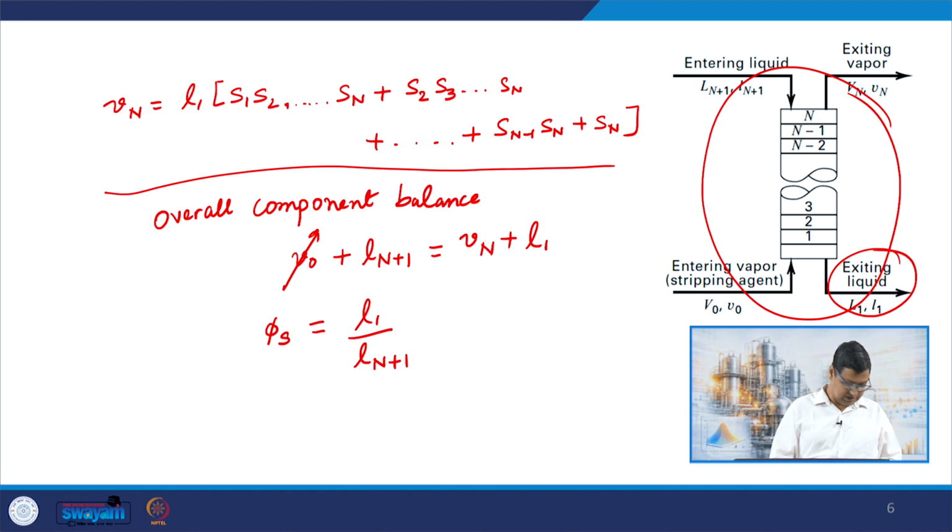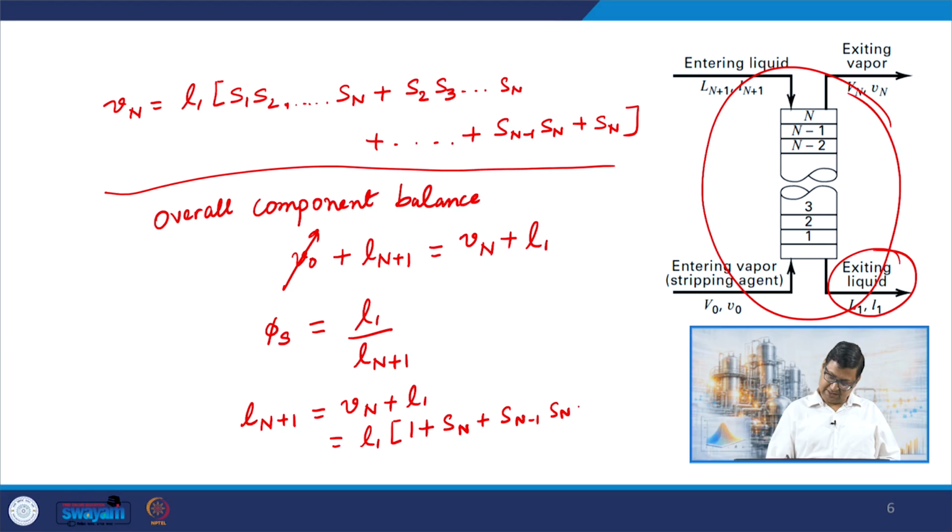So, this is pretty much going to give me L1 into 1 plus Sn plus S n minus 1 Sn plus until S1 S2 to Sn, and then the ratio that we get here is my recovery fraction.